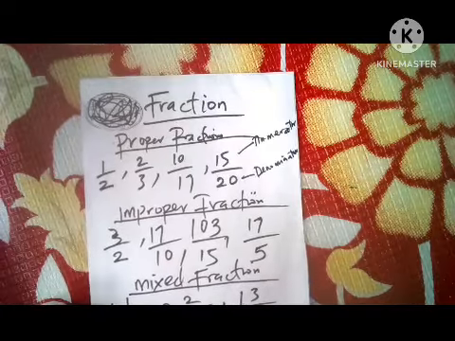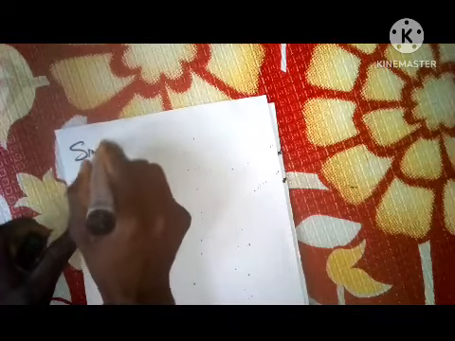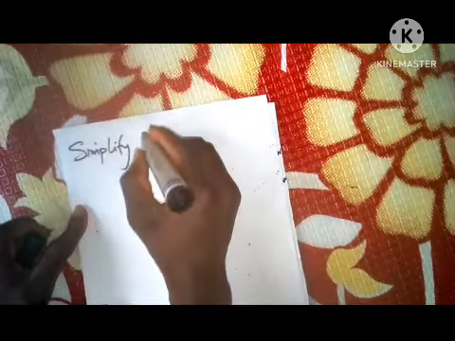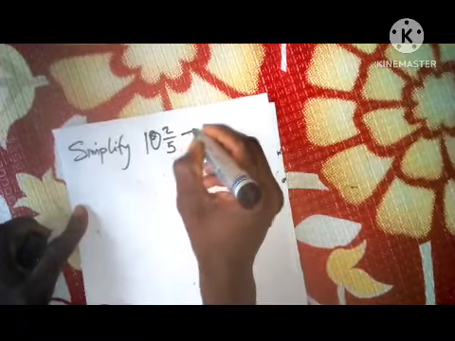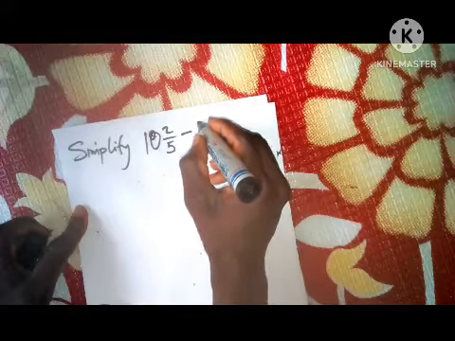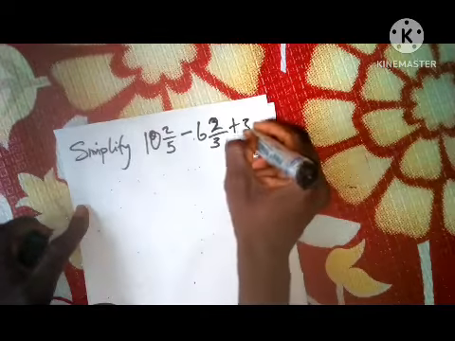So the number one question that we'll be looking at says we should simplify 10 2 over 5 minus 2 over 3 plus 3.